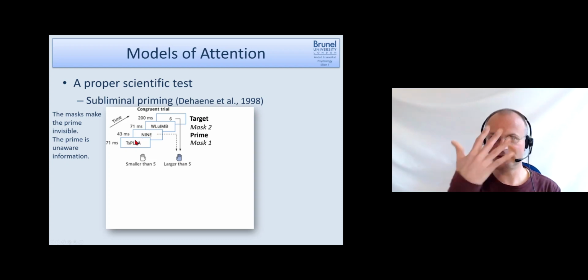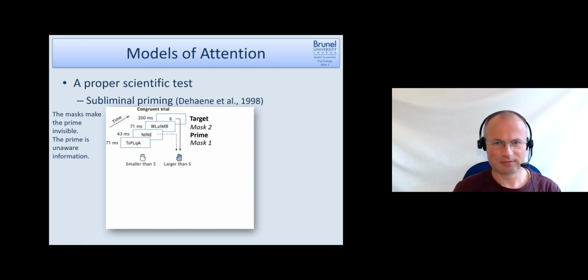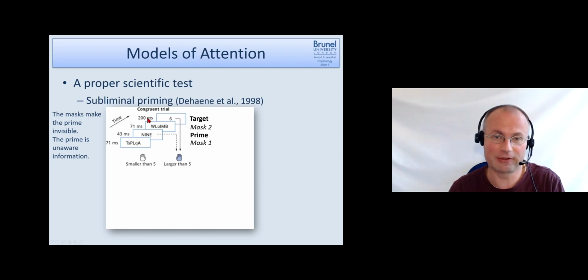So for you as a participant, you just see some flicker of the mask, the prime, and the mask again. And you can't identify that in this flicker was actually the 9. And then your task is just to ignore this flicker and respond to the target, which is presented a little bit longer, 200 milliseconds, which is 1/5 of a second.